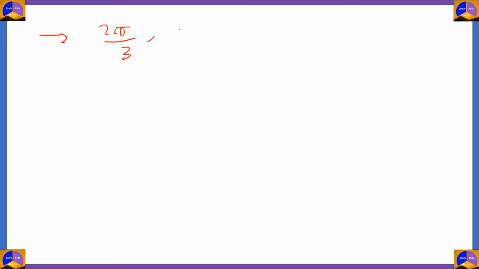And this belongs to 0 to pi except pi by 2. So when we're writing the answers to principal values, it is important that first we check if the said value fits into the range of the inverse trigonometric function in the question.